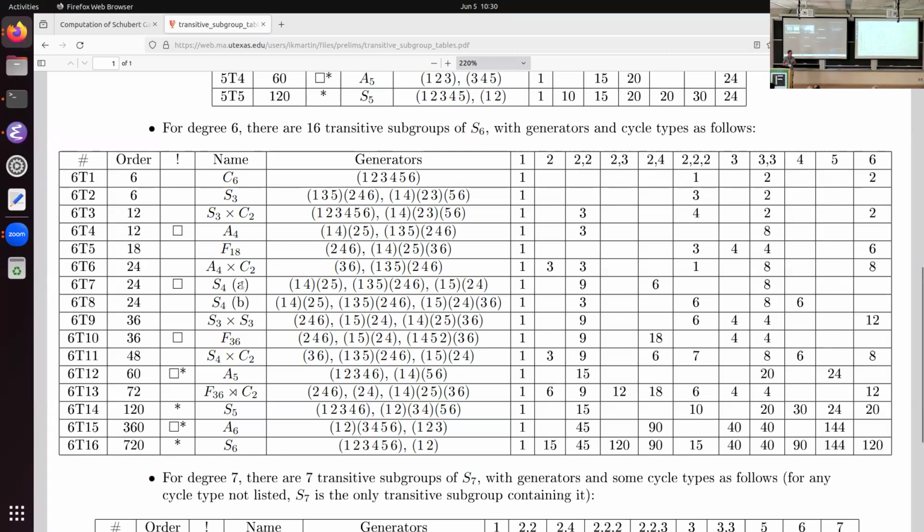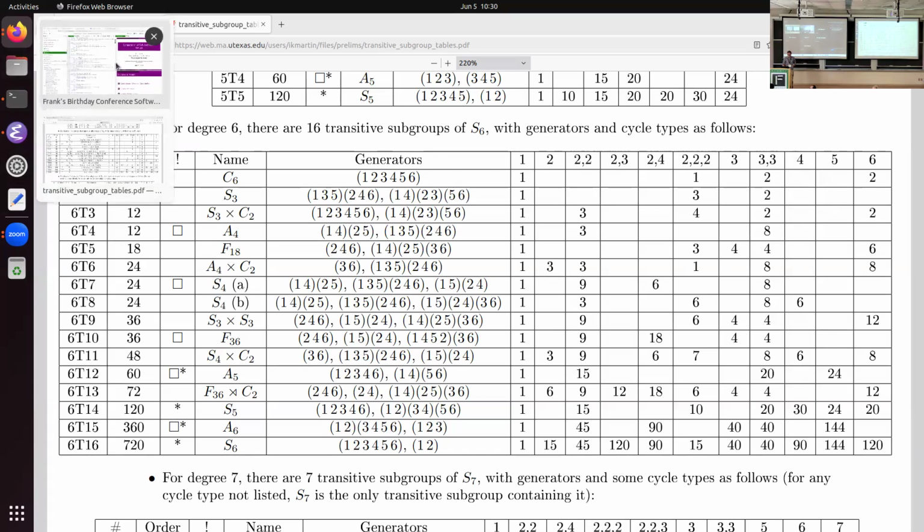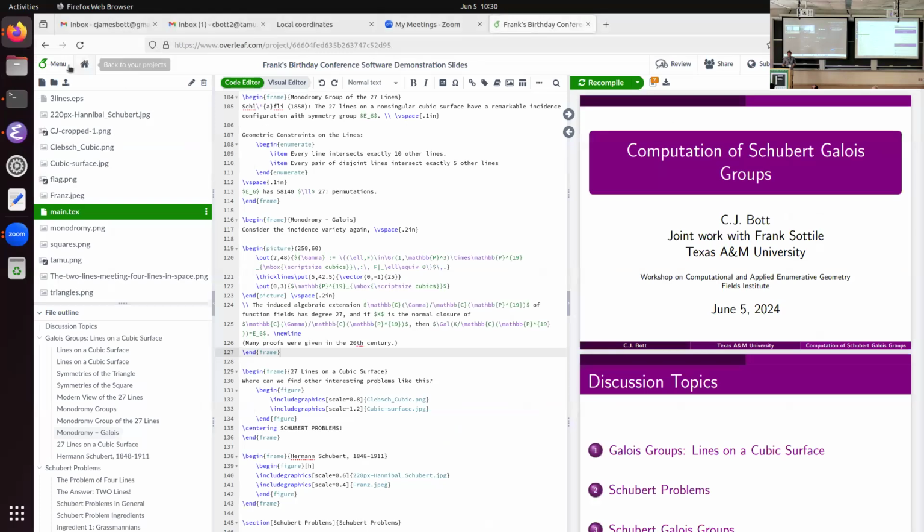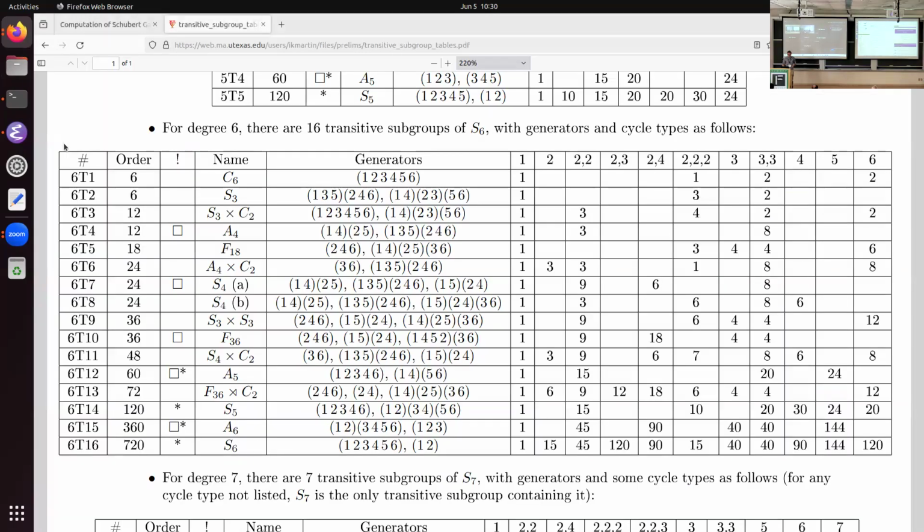I should mention that this is a toy example. It's one that's been understood for a long time, but this is an interesting Galois group that wasn't the full symmetric group, and we were able to identify that with our package. Before I close, I should mention that this package is not specifically only for Grassmannians. This works for full flag manifolds, partial flag manifolds.